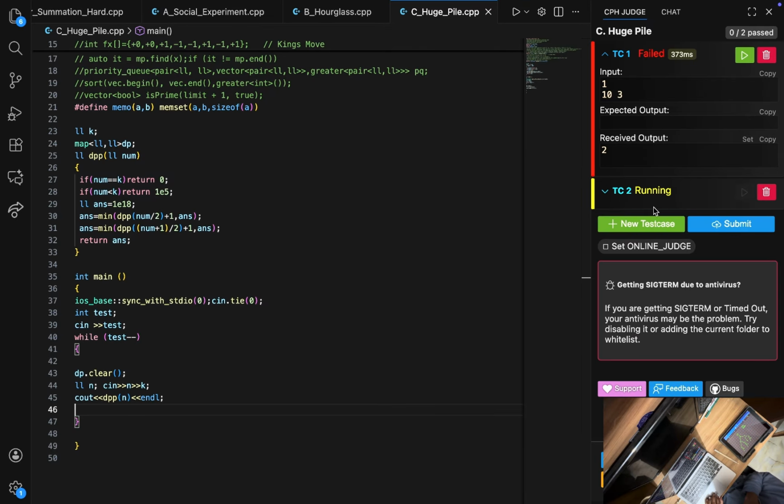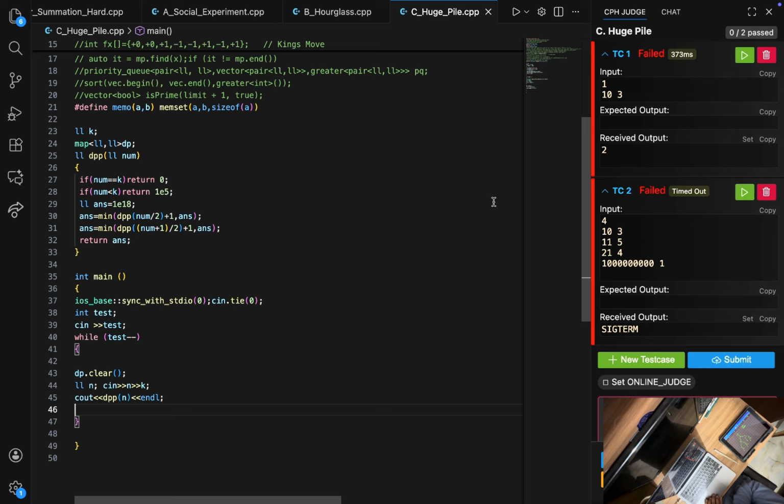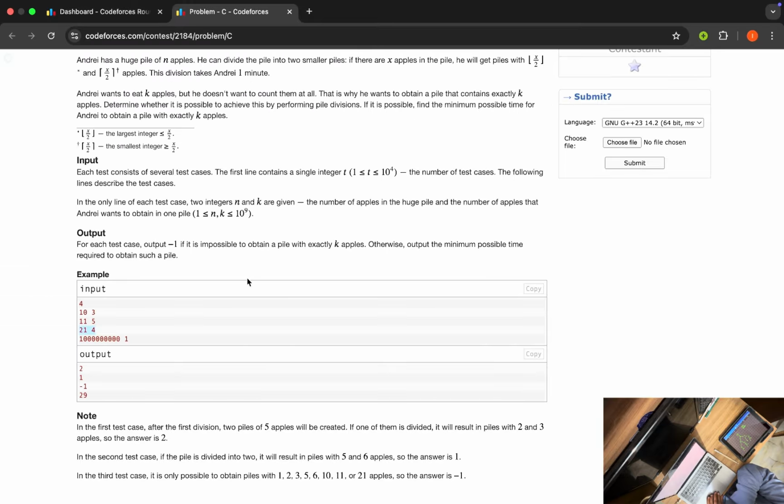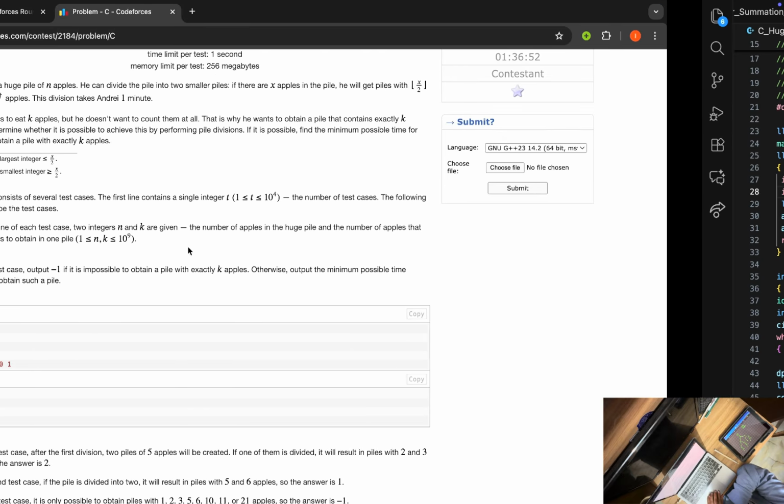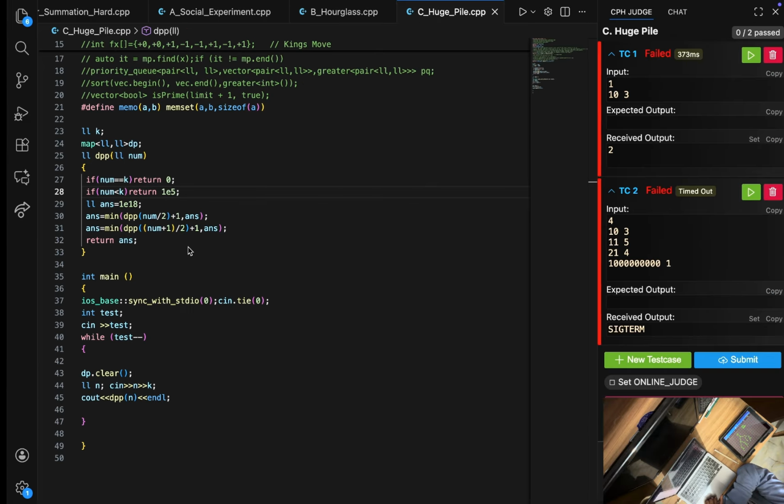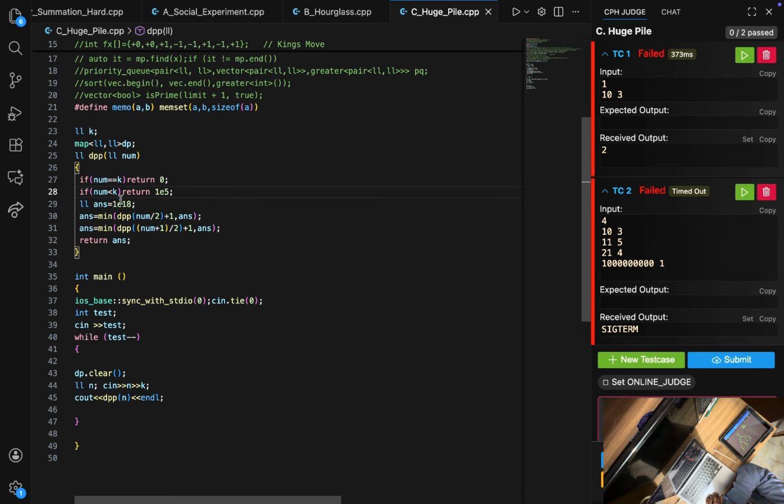It's taking time. K can be, K also can be 1. If that's equal to K, return 0. If num less than or equal to K, return 1. What's the problem here? Num plus 1 divided by 2 plus 1.